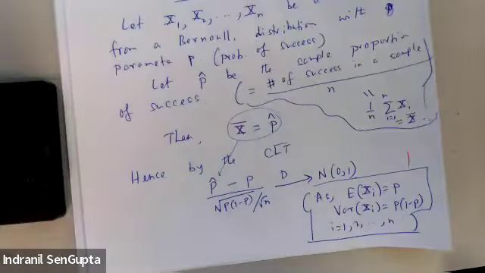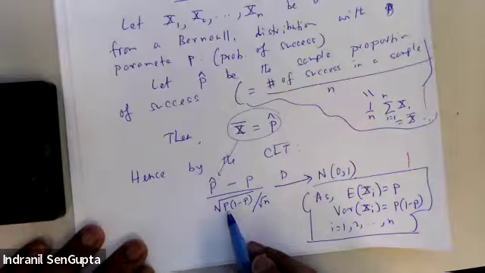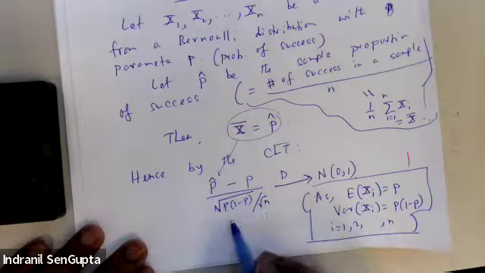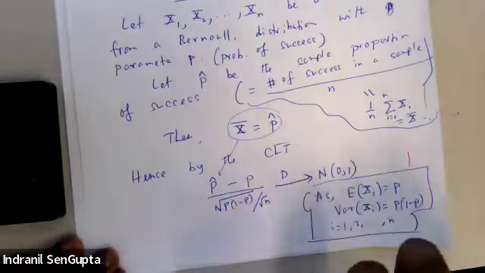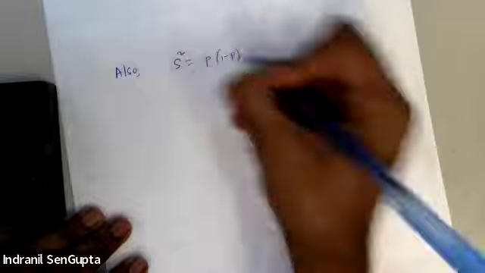Now also observe that here p and 1 minus p are from the population, but also if we observe the population variance, in this case S squared is p times (1 minus p) for the population.